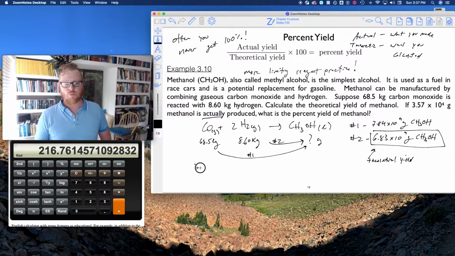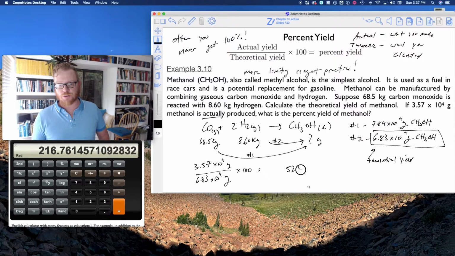So it would be 3.57 times 10 to the fourth grams all over, let's see, oh, the theoretical, there it is, 6.83 times 10 to the fourth grams times 100 to make it a percent. I get 52.3% yield.